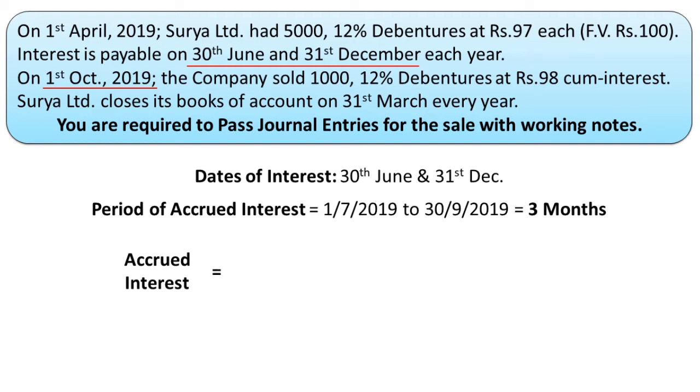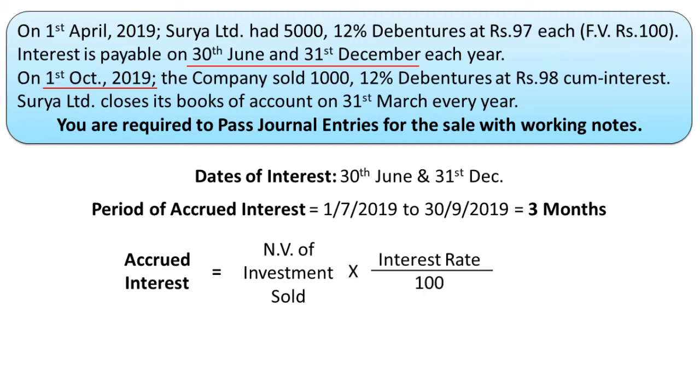So the formula is nominal or face value of investment sold multiplied with percentage of interest, that is interest rate divided by 100, multiplied with the accrued period divided by 12. Since the period of accrued interest is in months, therefore we have divided it by 12.